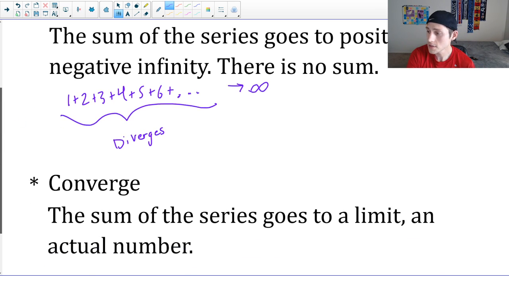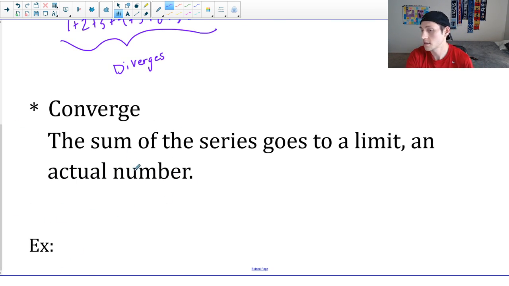The other side of that coin is that a series converges. The sum of the series goes to a limit, and we'll talk more about limits later on at the end. And the limit is an actual number. This is potentially very counterintuitive, because this is for an infinite series.